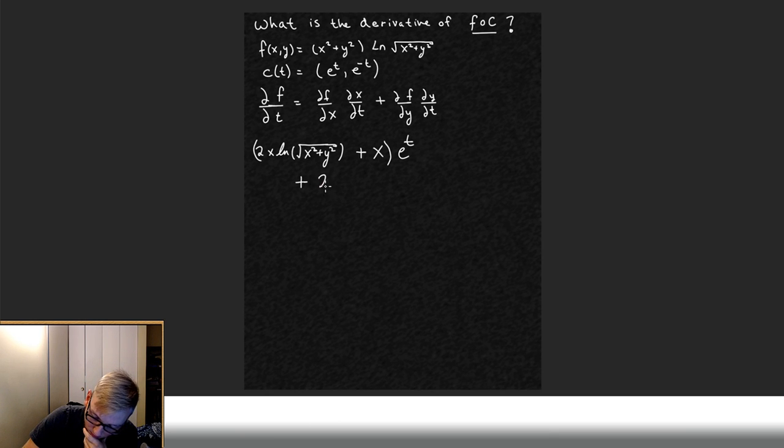So then we have 2y natural log of the square root of x squared plus y squared plus y. Now we have to find the derivative of the y component of c with respect to t, which is negative e to the negative t. Negative e to the negative t.